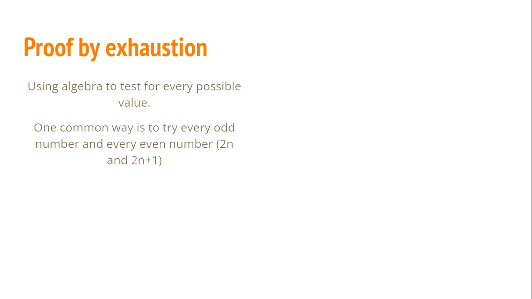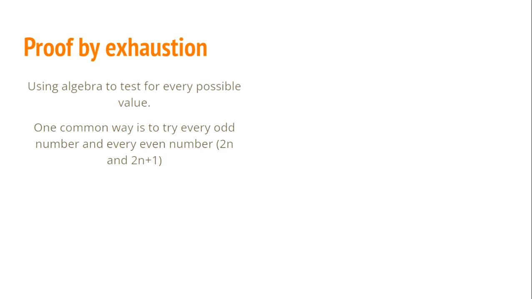Proof by exhaustion comes under two main types. The first is using algebra to test an equation for every possible value. For example, you can test it where x is 2n and x is 2n plus 1 and check that the result fits the criteria in both cases. As this is the formula for odd numbers and even numbers, then you have covered every single number that there is.